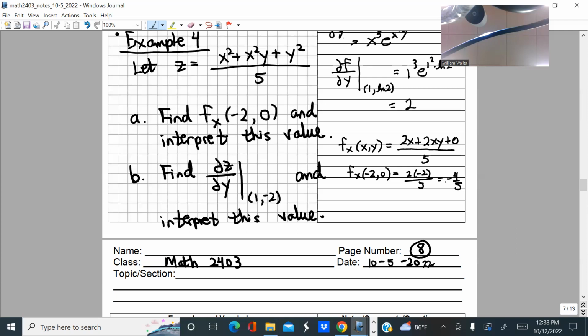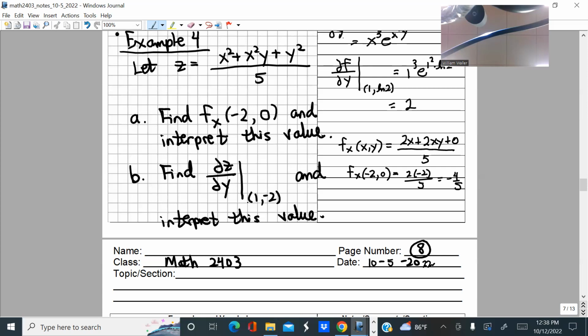But it's decreasing parallel to the x-axis, so it may be doing something different parallel to the y-axis. Well, here's the question, parallel to the y-axis, but unfortunately, it's at a different point.